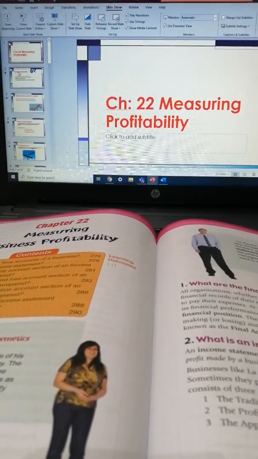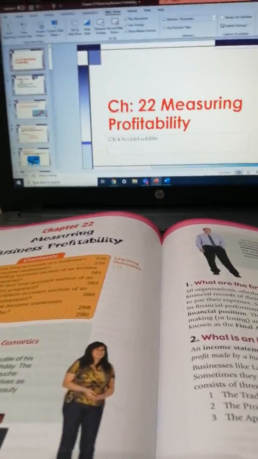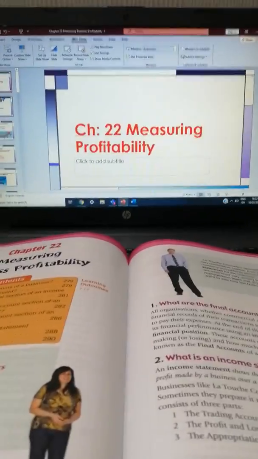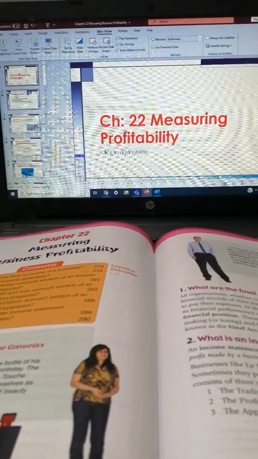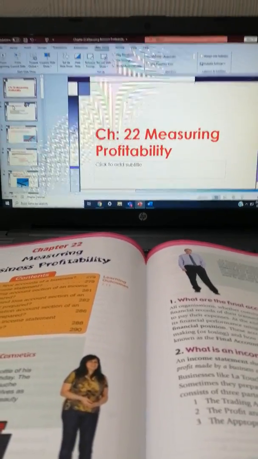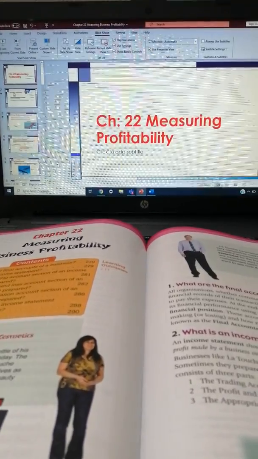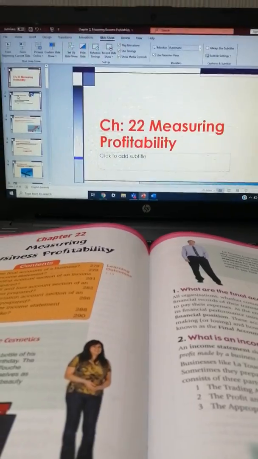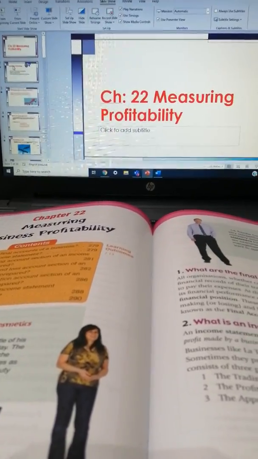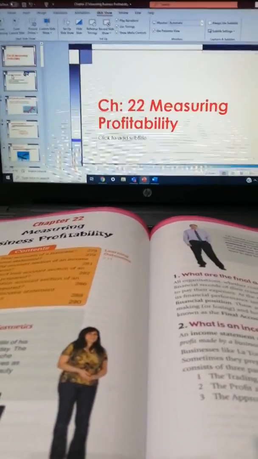Okay, so in your book, chapter 22. What do we do in this chapter? Well, what we do in this chapter is we look at 3 different documents that accountants will do up and calculate in order to measure if a business is profitable or not.